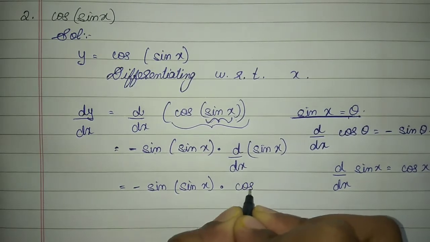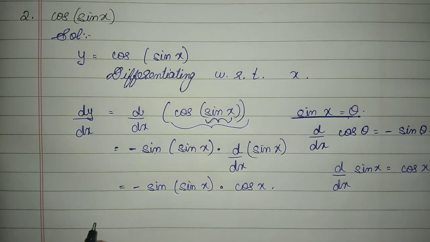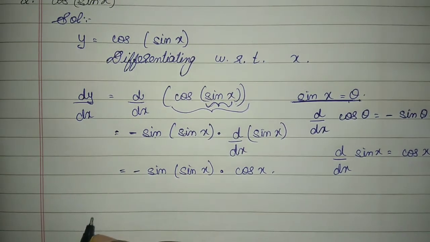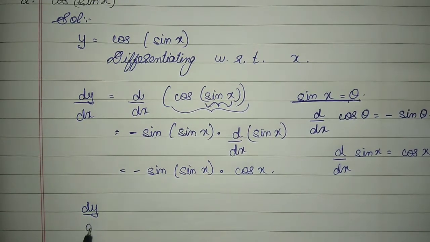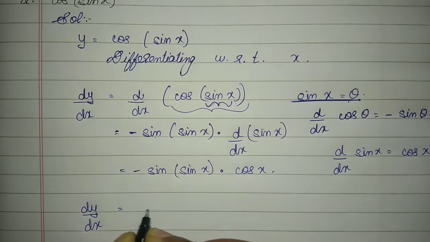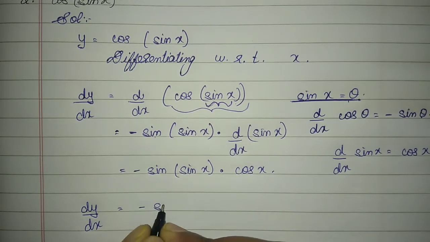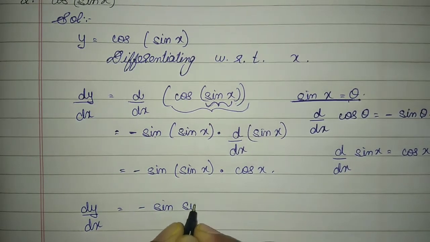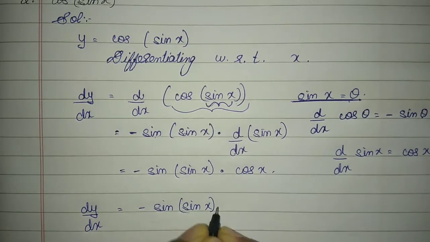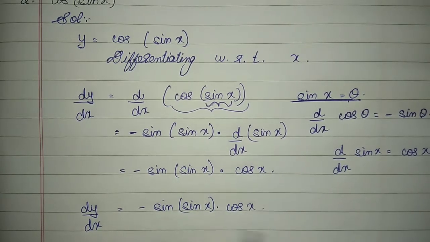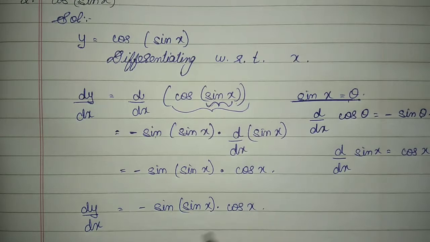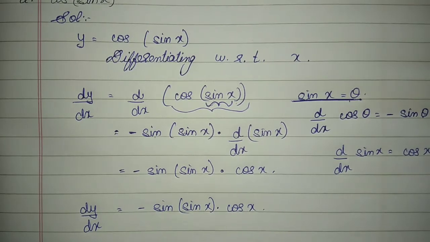So into cos x. You can write the final answer as dy by dx is equal to minus sin of sin x into cos x, or minus cos x sin of sin x also. That's right, because this is all product, so that isn't a mistake.